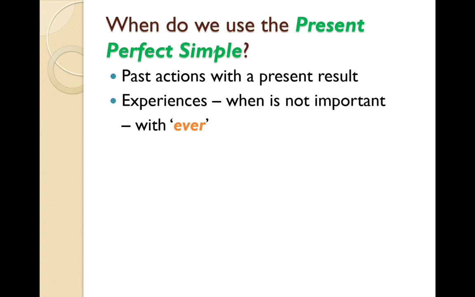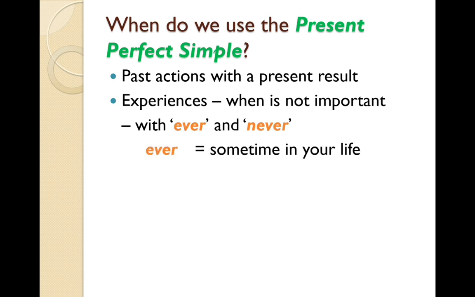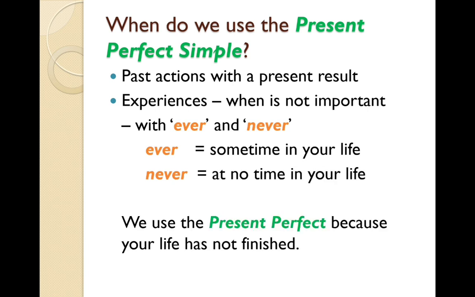When we talk about experiences, we can use the adverbs ever and never. Ever means sometime in your life. Never means at no time in your life. And we use the present perfect here because your life is not finished.